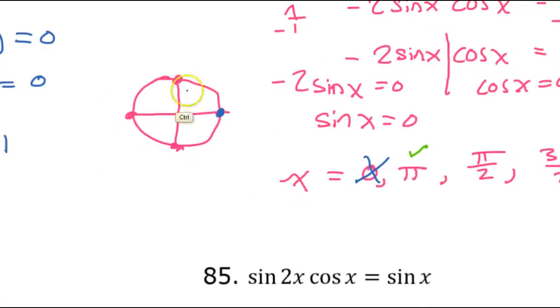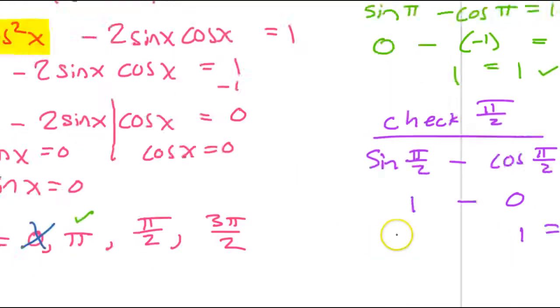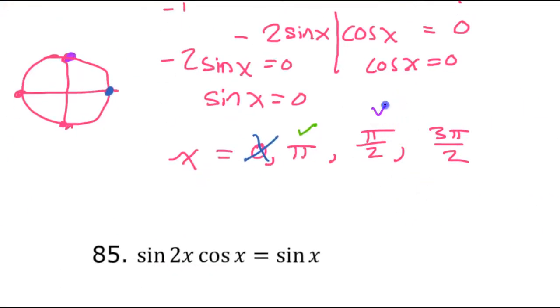Pi over 2 is up here at the top, where sine is 1 and cosine is 0. So that's 1 minus 0. All right, and that does check out. So pi over 2 is a good solution.